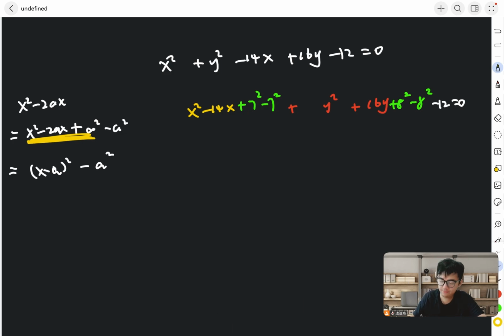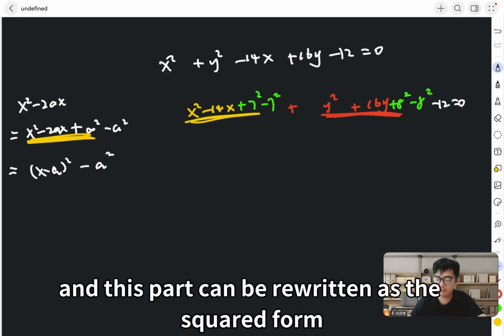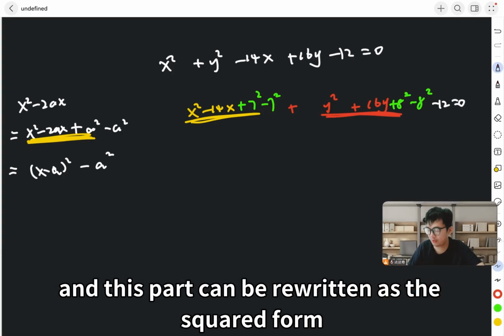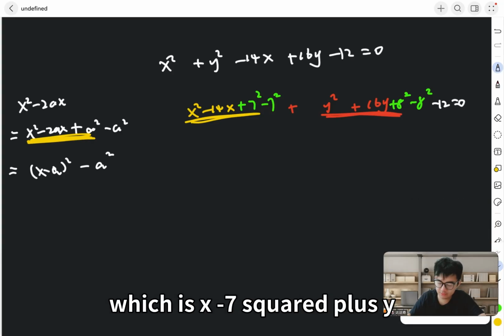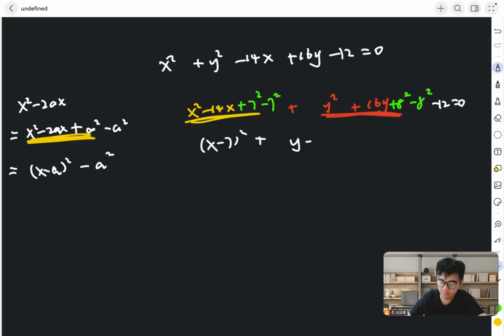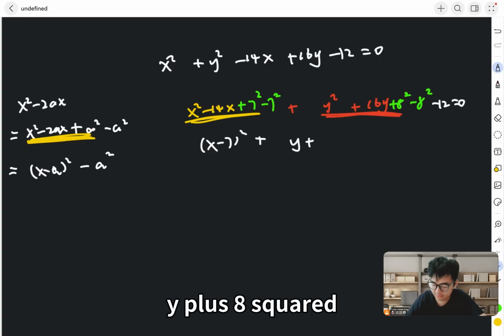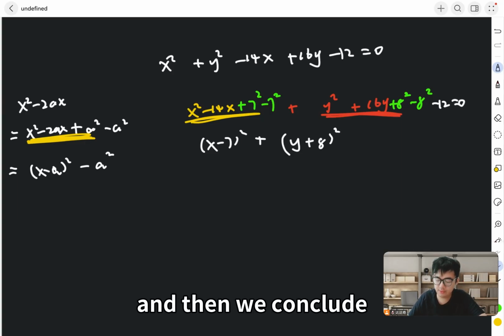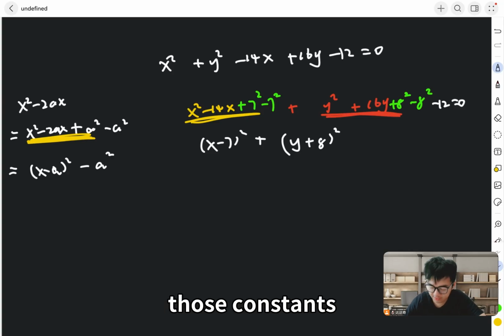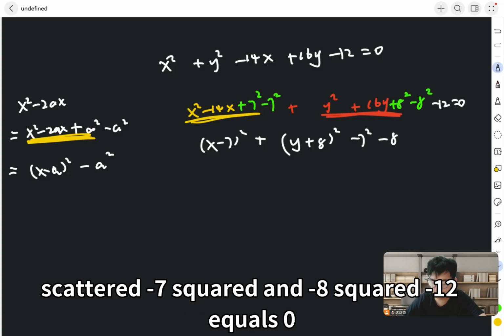So you see this part and this part can be rewritten in squared form, which is (x - 7)² + (y + 8)², and then we collect those constants together, minus 7² and minus 8², minus 12 equals 0.